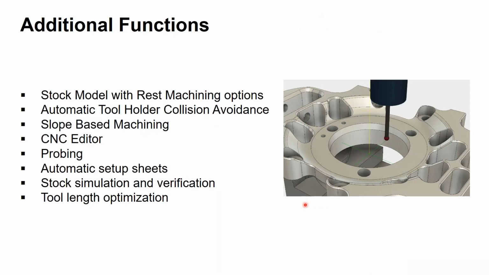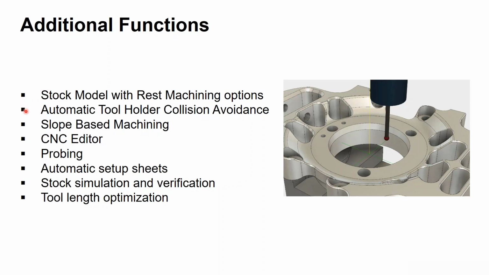We have some additional functionality. Good to know. We have a stock model with rest machining options. That means that it is possible to design your stock model as a part file, and you can secure that you only have rest machining inside the designed stock model. We have an automatic tool holder collision avoidance.